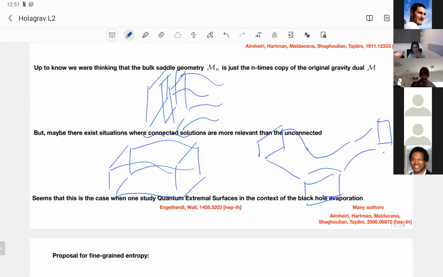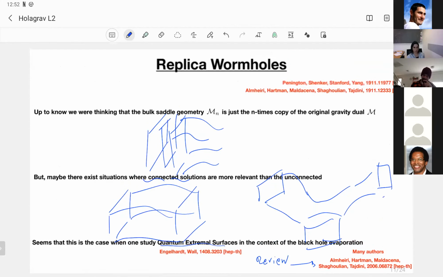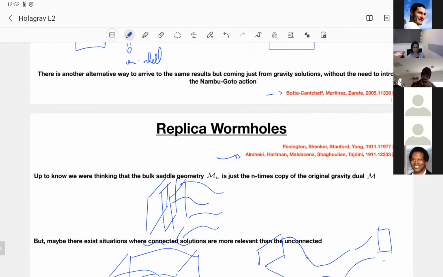And these are the cases where people study black hole evaporation using quantum extremal surfaces. This is a review, you can learn some of this there. But what I'm going to follow is this one. In these two papers, both of them compute the same thing in different approaches, let's say.